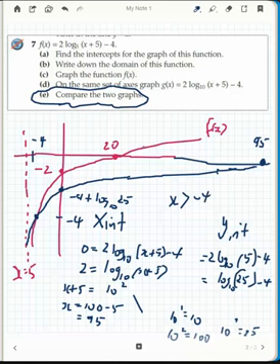F of x for those periods will have a greater gradient than g of x. But when x is between negative 5 and negative 4, then g of x is larger than f of x, and g of x has a smaller gradient than f of x. They have different y-intercepts, they have different x-intercepts.